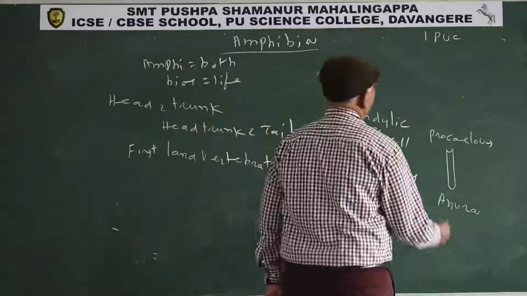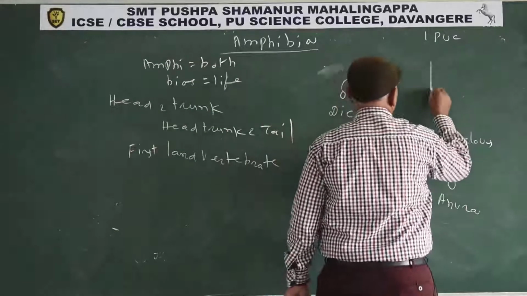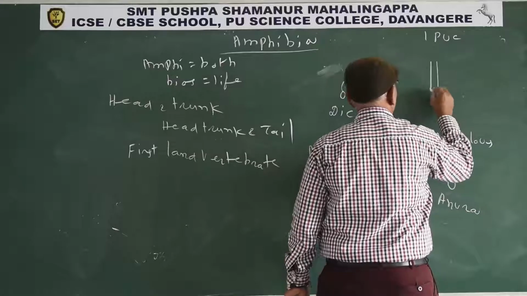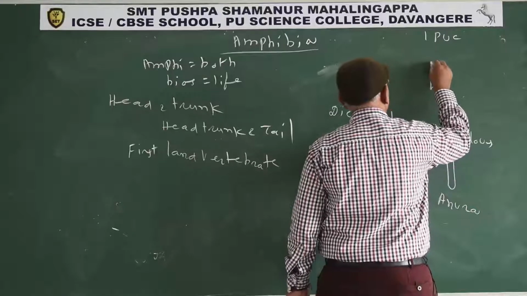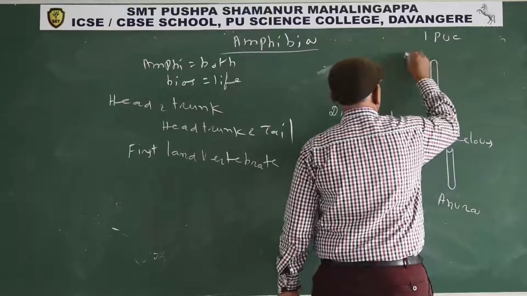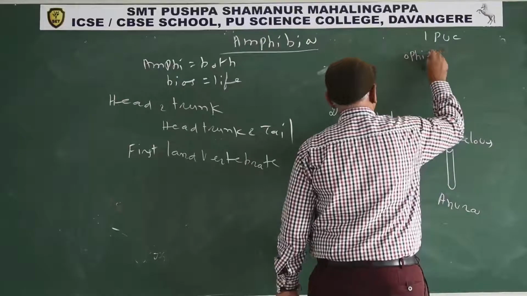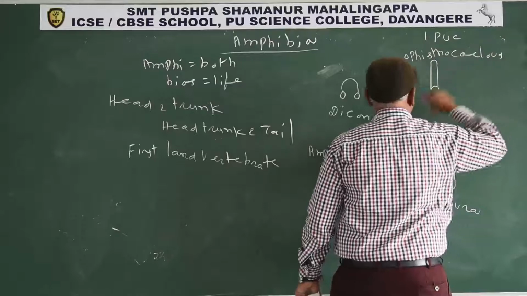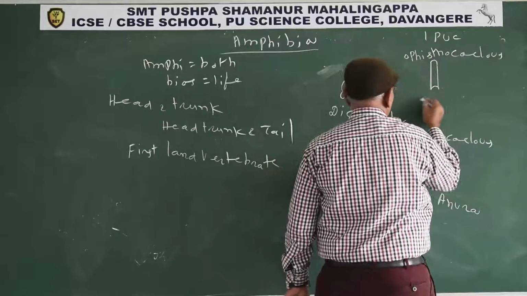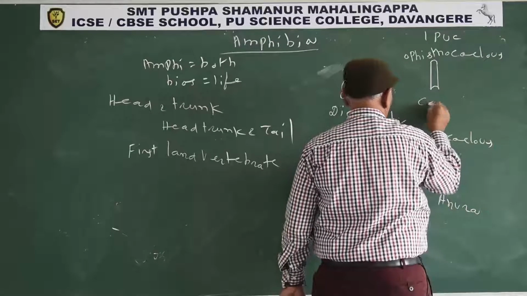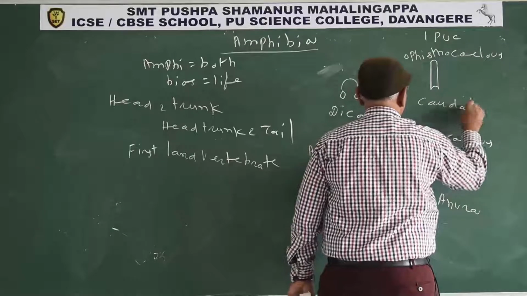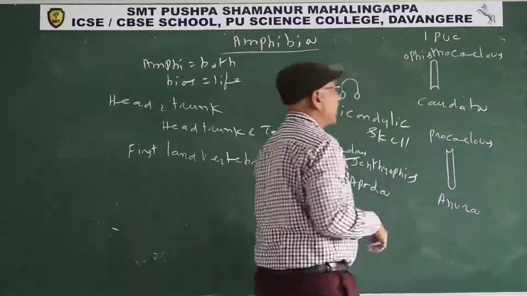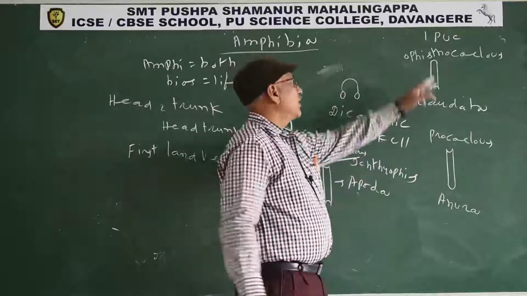In the members of urodela, opisthocoelous vertebrae. Urodela means adult amphibians with tail. What is opisthocoelous?